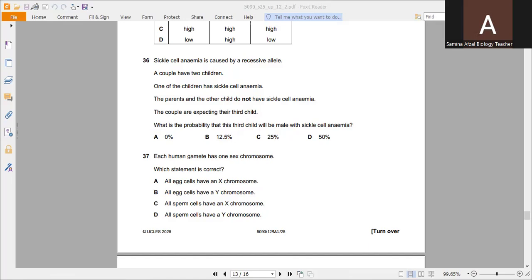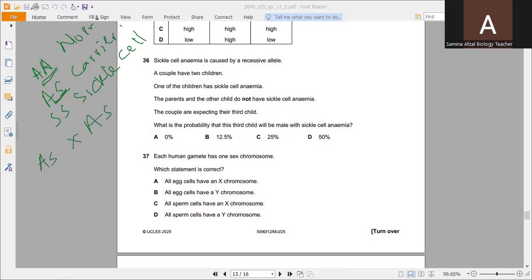If they were normal, there would be no reason to produce a child with sickle cell anemia. So they are carriers, not normal. For normal, we will use this genotype. For sickle cell anemia, we will use this. AS will represent the carriers, who are hybrid and normal. So in this case, both parents will be A.